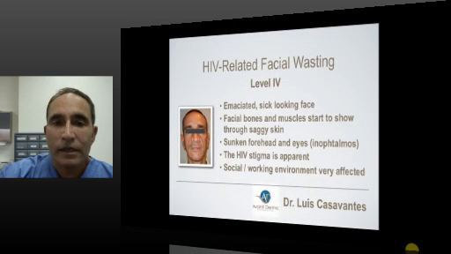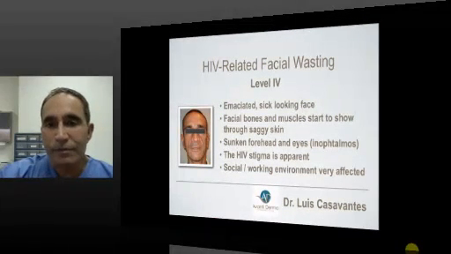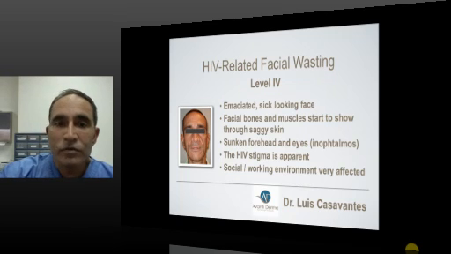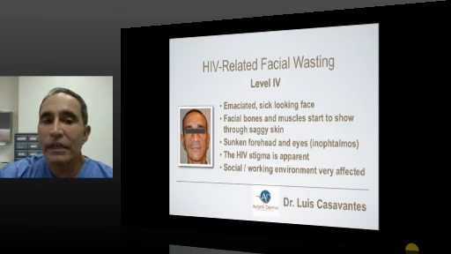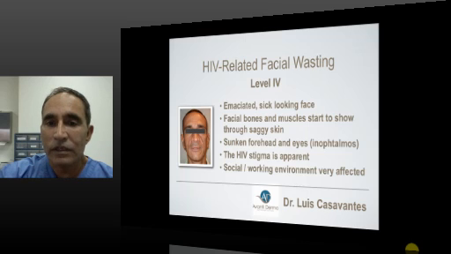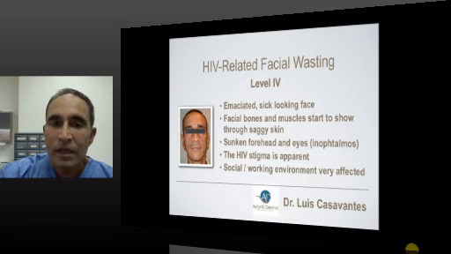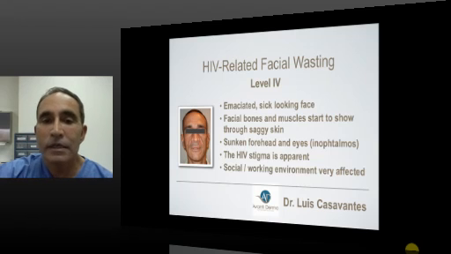Facial wasting level 4 is very important already. The face looks emaciated, sick. The bones and muscles of the face start to show through saggy, prematurely old looking skin. The forehead and the eyes are sunken. This creates what we in medicine know as enophthalmos, which means sunken eyes.